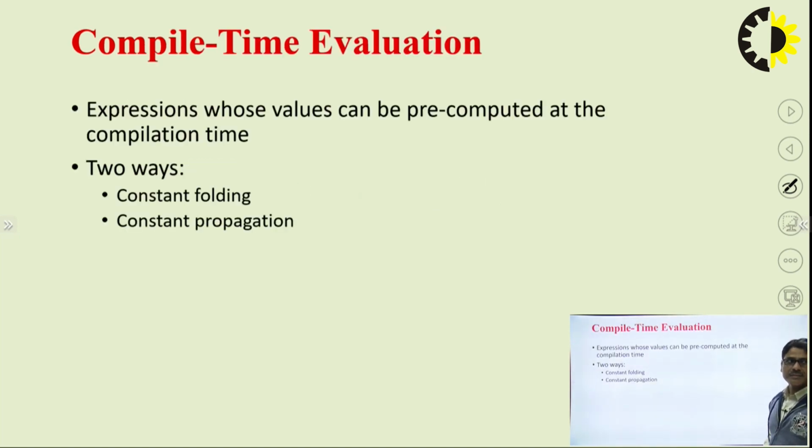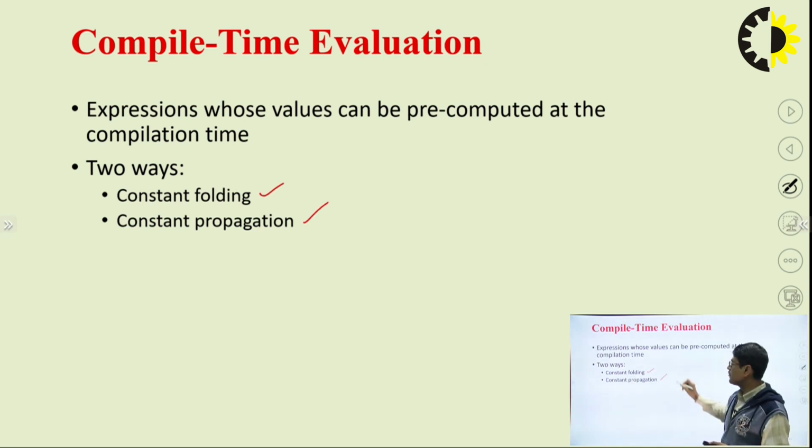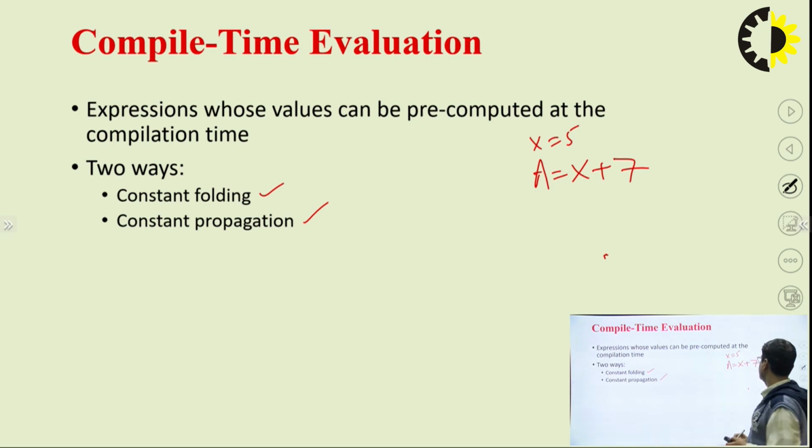Now compile time evaluation. There are two ways: one is constant folding and the next is constant propagation. Constant folding is very basic, because sometimes we put numerical values into expressions. Suppose a equals x plus 7 and x equals 5.